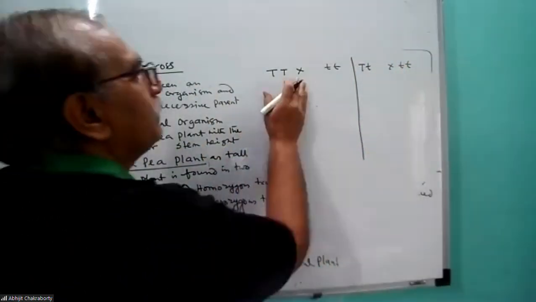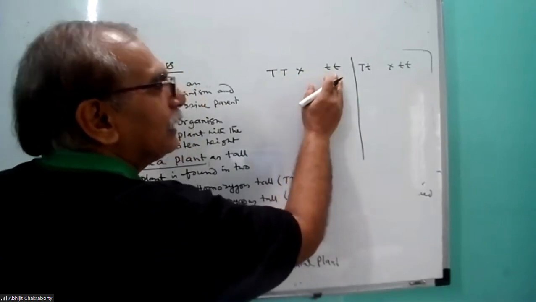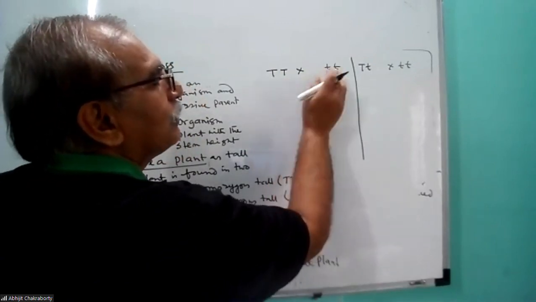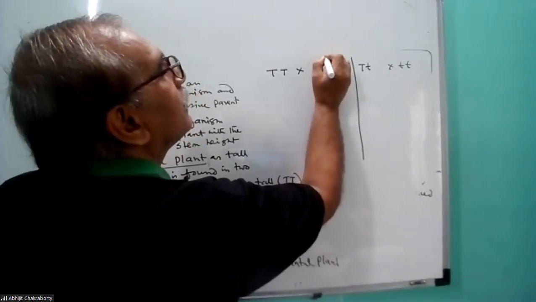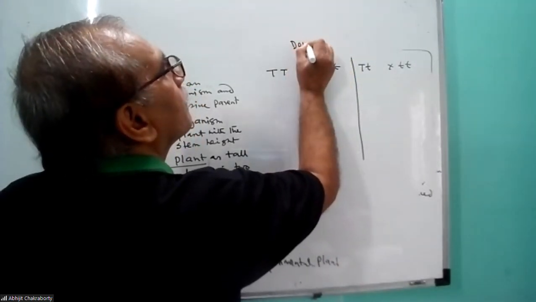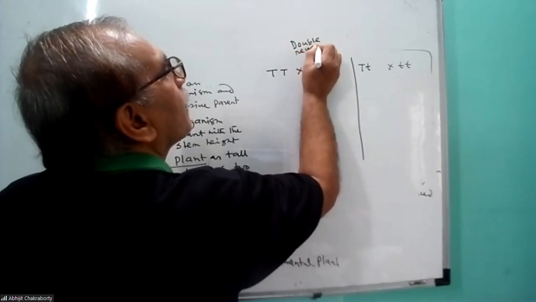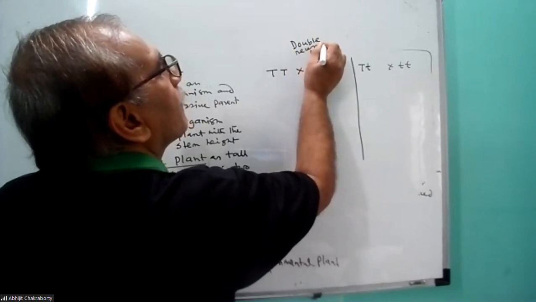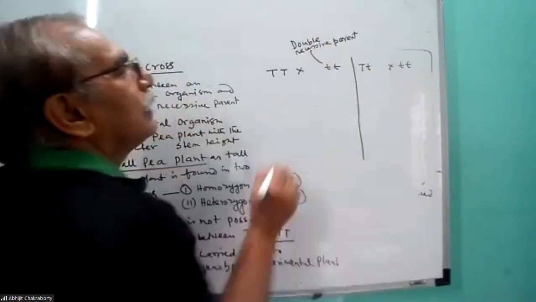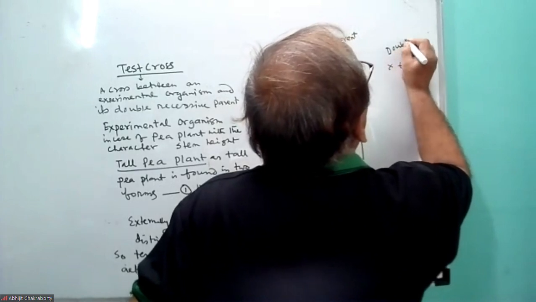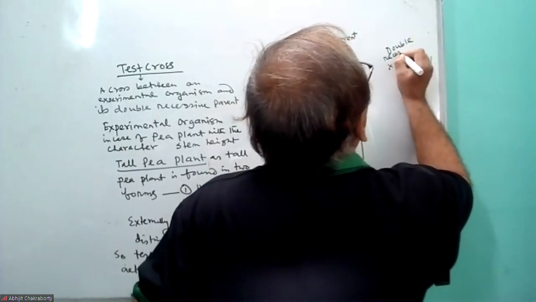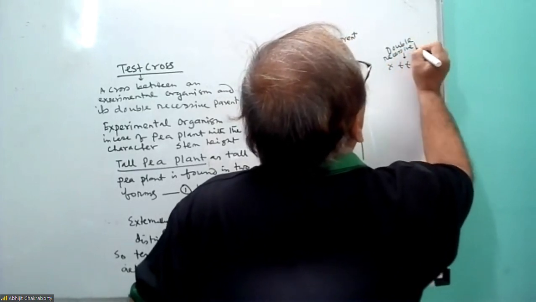If the experiment is regarding stem height, the double recessive parent should be small t small t. This is the double recessive parent. Same thing, this is also the double recessive parent.